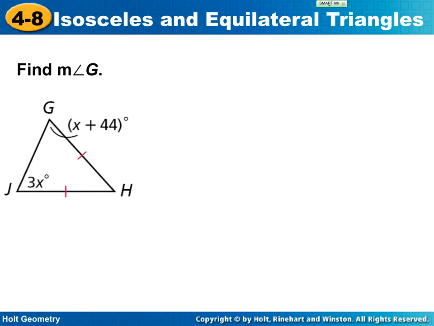Still an isosceles triangle, but I gave you some different angles. Find the measure of angle G. The theorem says if it's an isosceles triangle with two sides congruent, there are going to be two angles congruent. Zach, figure out which two they are.